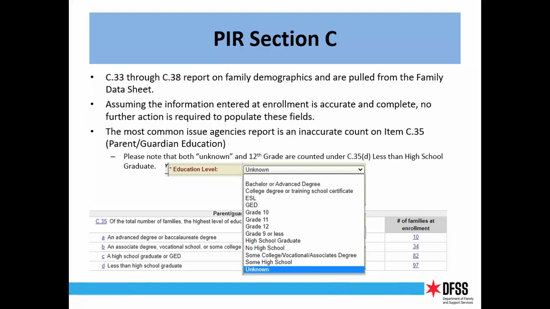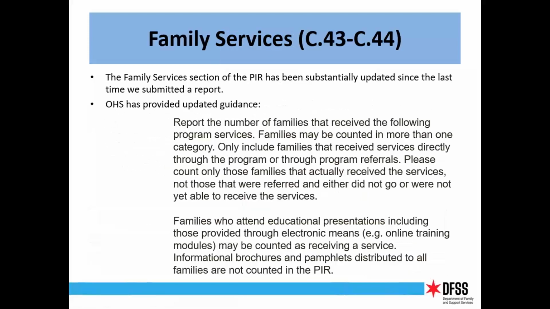So while that is a significant chunk of our population, I still believe that it is an overstatement on the reports that we submit. So you might want to take a look at that and make sure that it's documented accurately for all families that have been enrolled.